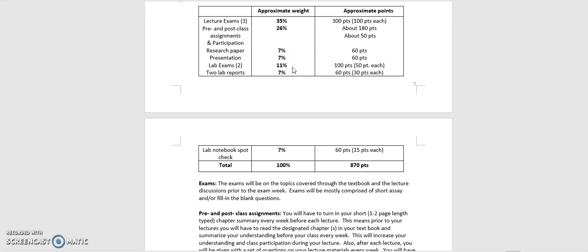For every lab exercise you do, you have to maintain a record of it. That's what the notebook is for. I'll be collecting your lab notebook a couple of times throughout the semester. You will be writing a bunch of lab reports, at least 4 of them. A total of 60 points will be given towards your lab notebook documentation.